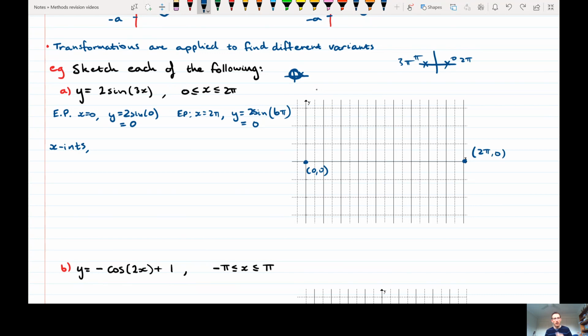So 3x, which is what is inside here, equals 0, pi, 2 pi, and we keep going all the way until you get to the end of our domain, and divide by 3.